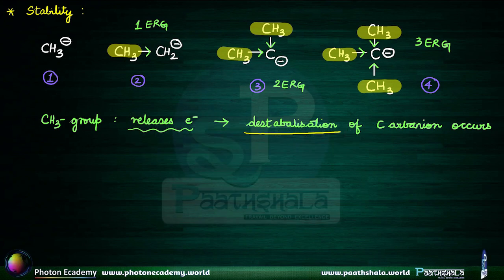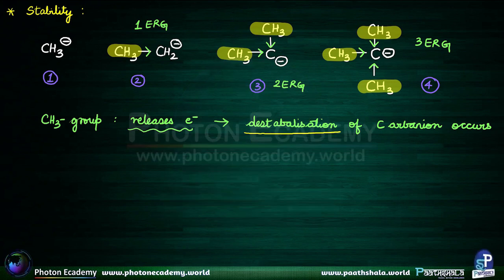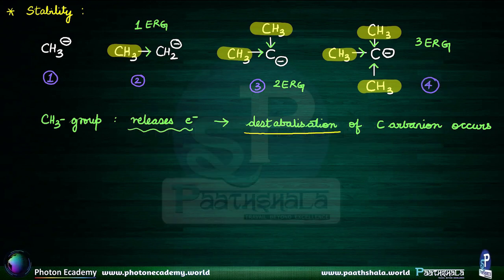Since there are three groups here, 1, 2, and 3, this will cause the maximum destabilization. So if I see this, the maximum electron density which is accumulated will be at the fourth one. The fourth one has the maximum electron density on this carbanion.